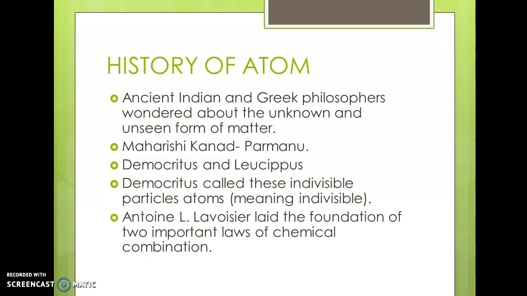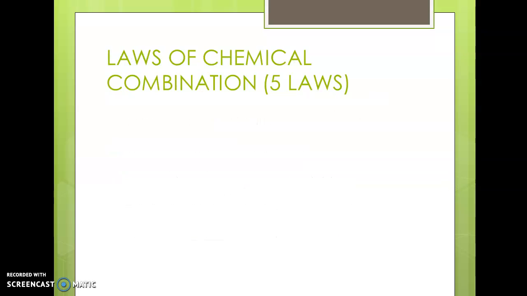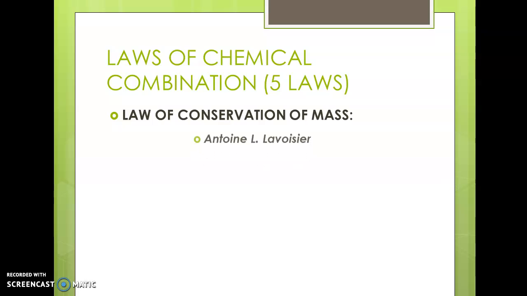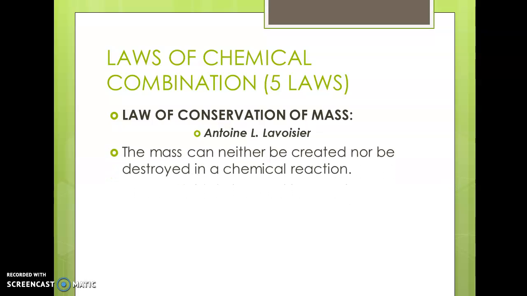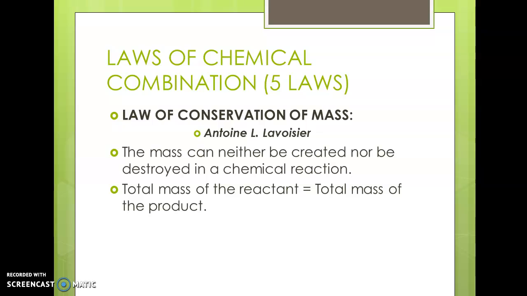So Antoine L. Lavoisier laid the foundation to two important laws of chemical combination. There are totally 5 laws of chemical combination, out of which the first 2 were laid by Lavoisier. The first law is the law of conservation of mass. The law states that mass can neither be created nor destroyed in a chemical reaction, or in other words, the total mass of the reactants is equal to the total mass of the products.